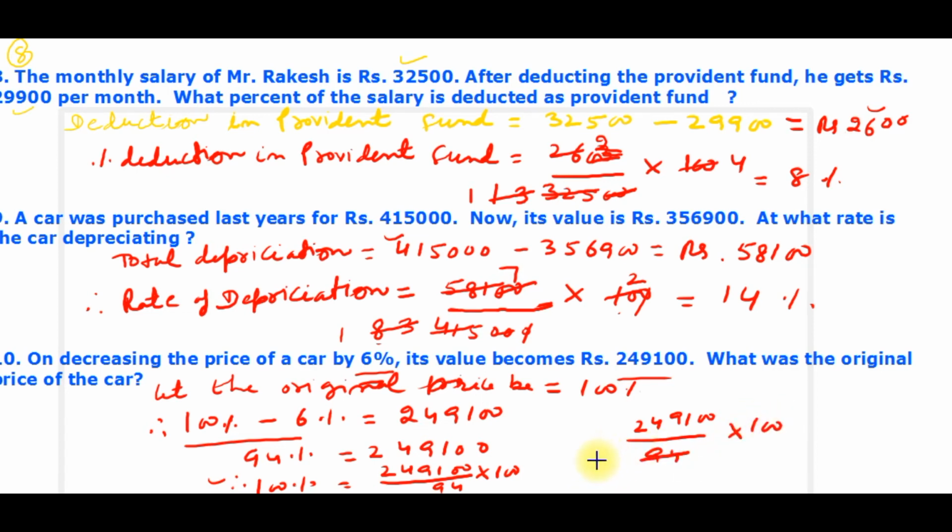So 47 2s are 94, 47 5s are 235. We will see whether 2491 can be cut down by 47 or not. 2491 divided by 47.